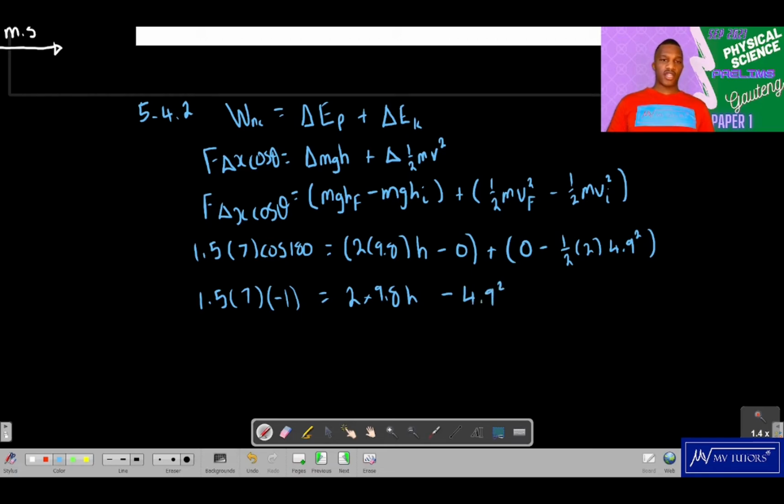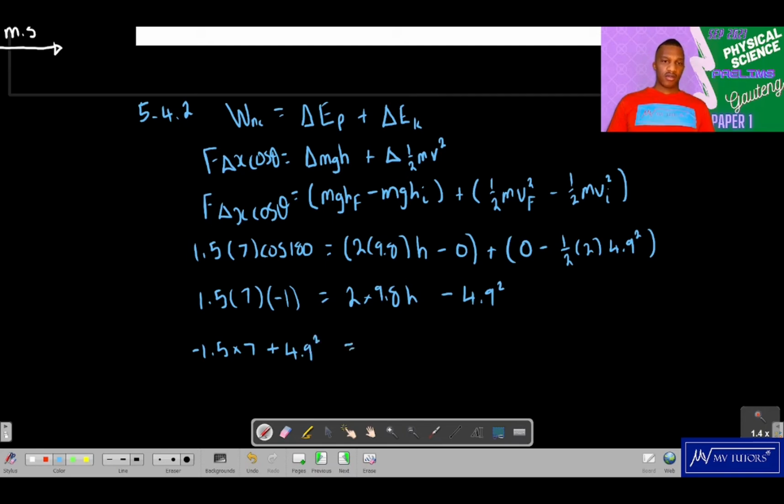Now to get h on its own, I'm going to have to say 1.5 times 7, and it's negative. Let me just put the negative because of that negative 1. And then I want to take the 4.9 squared to the other side, so I'm going to have plus 4.9 squared.